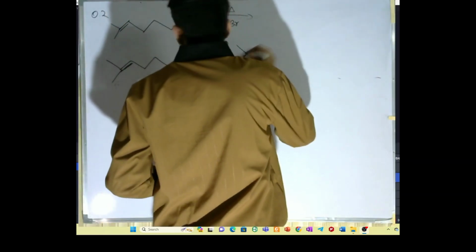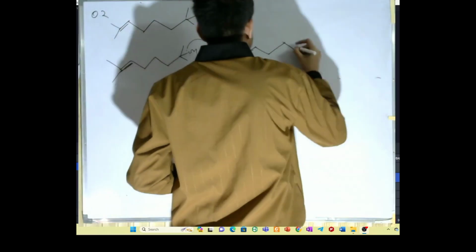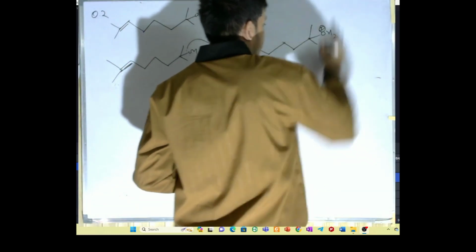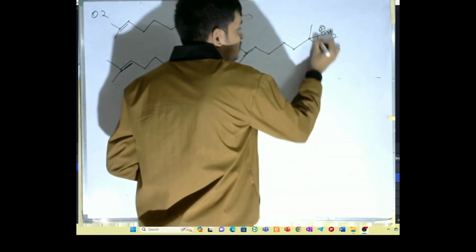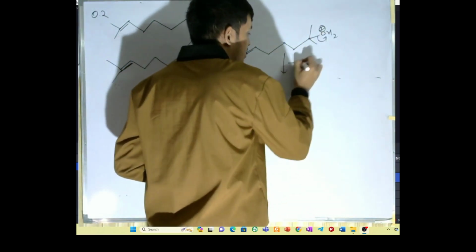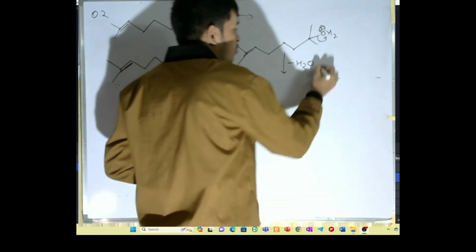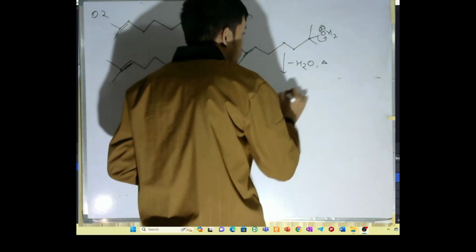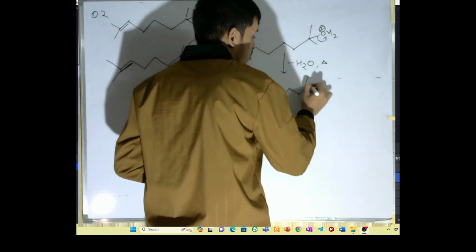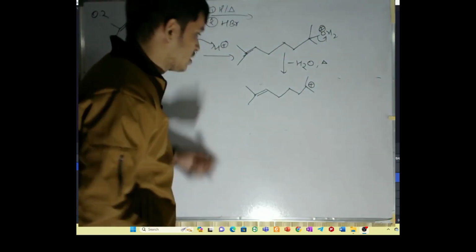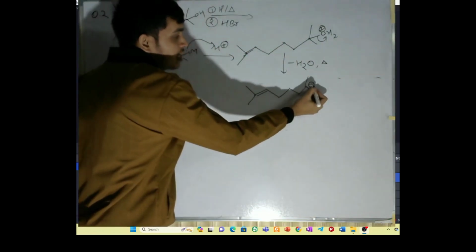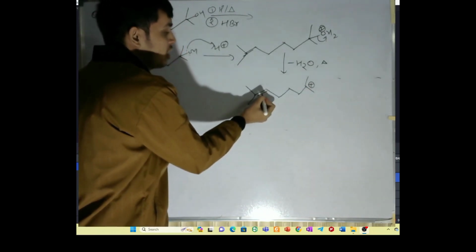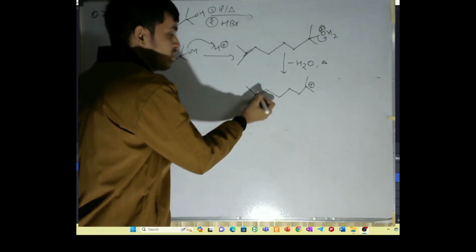After reaction it will form this species, OH2 positive. So this will result in a very good leaving group, that is removal of an H2O molecule, that is promoted by heat. Now you can see that there is another electron deficient center, that is, a carbon is generated, and here we have a kind of electron rich center.